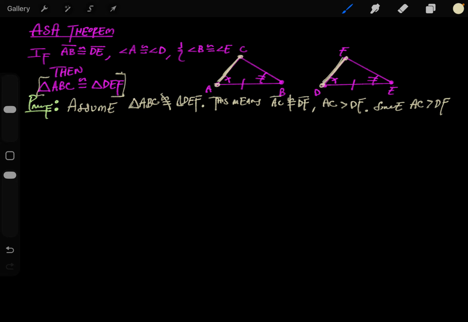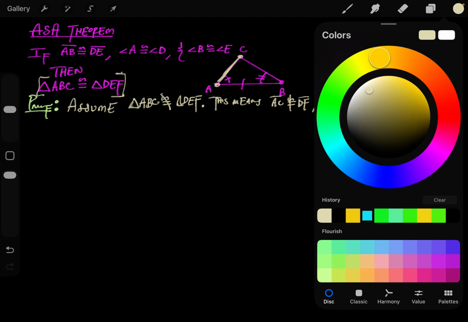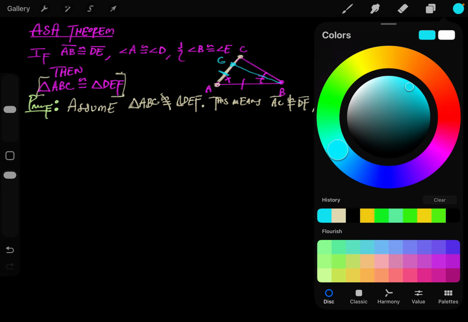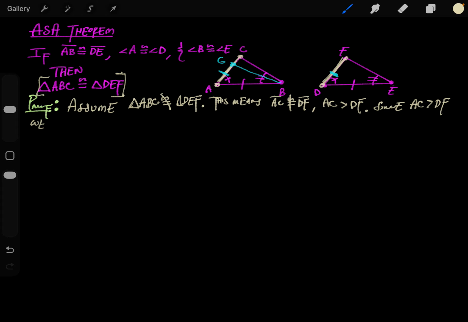There must exist some point G on segment AC with segment AG congruent to segment DF.